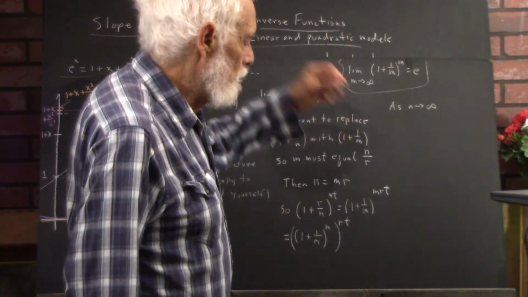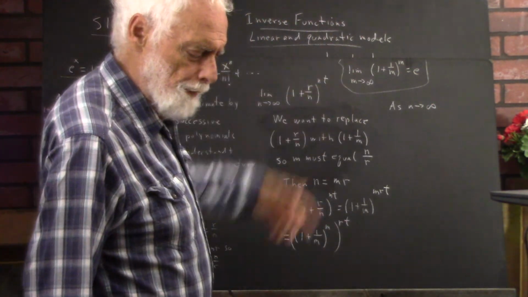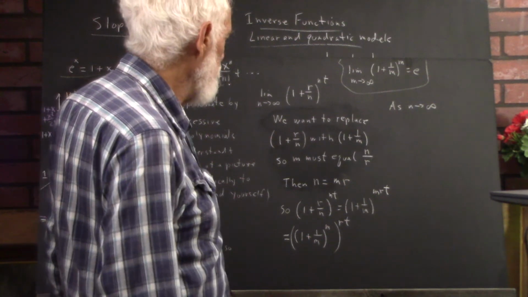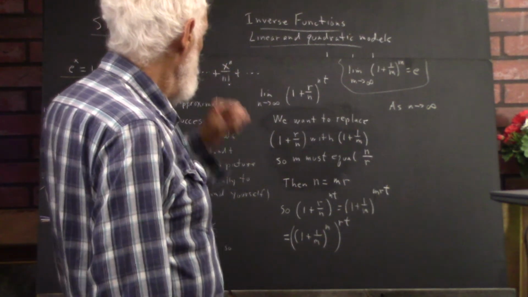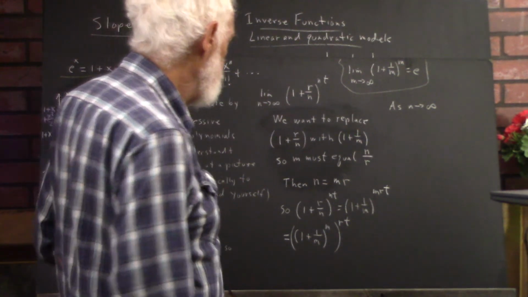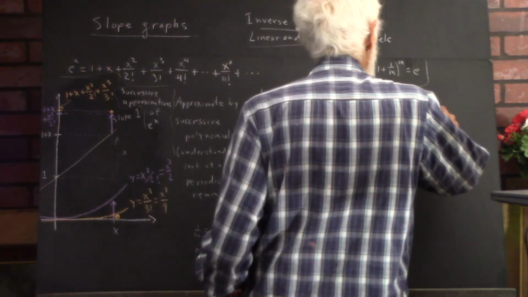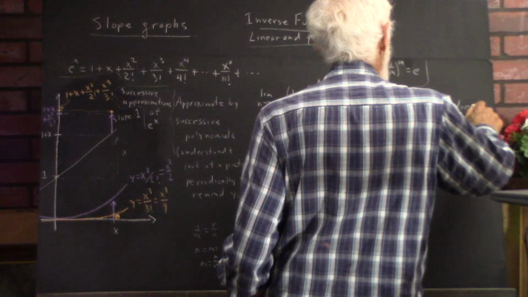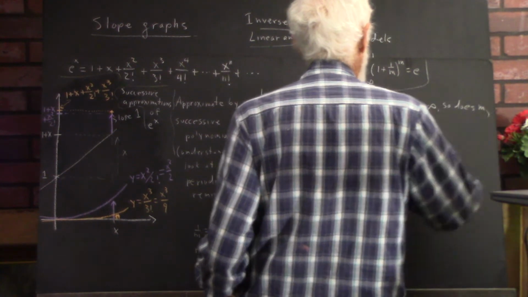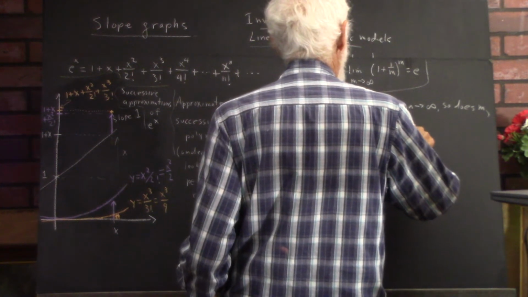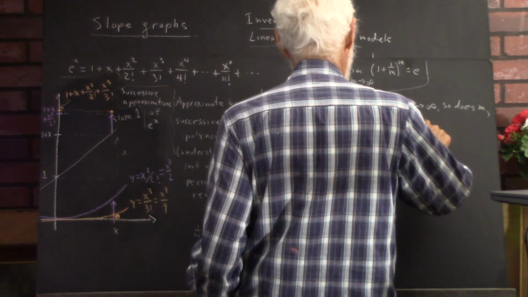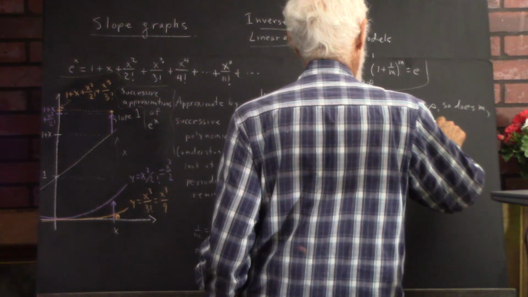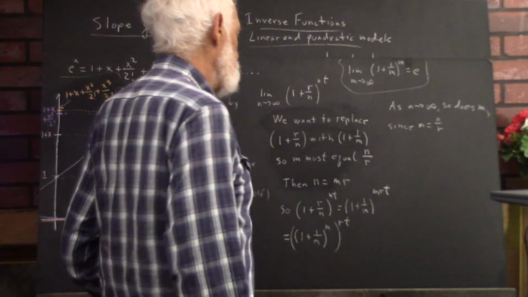I'm not being real formal about limits because it's something you haven't really studied unless you've had a calculus course, most likely. But as n goes to infinity, so does m, since m equals n over r.